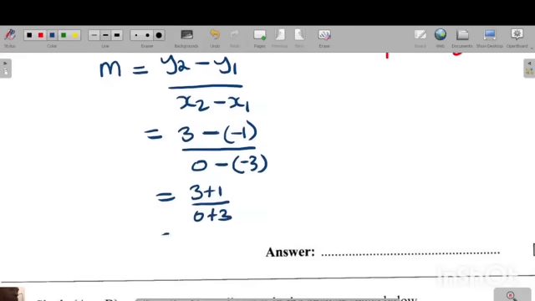So 3 plus 1 is 4 over 0 plus 3 is 3. So this is the gradient. All right. So this is the gradient, 4 over 3. All right. So I'm leaving the gradient to be 4 over 3 because it means that I'm moving 4 squares in the y-axis and 3 squares in the x-axis.